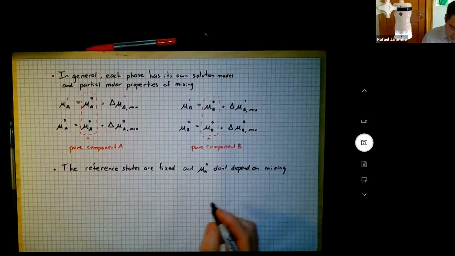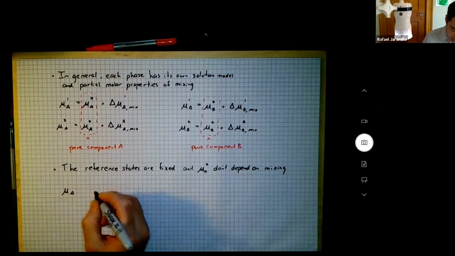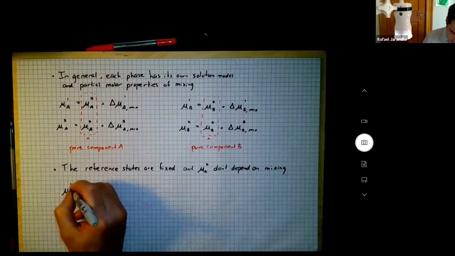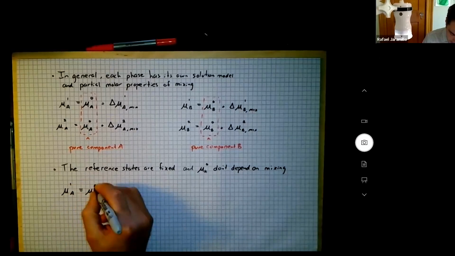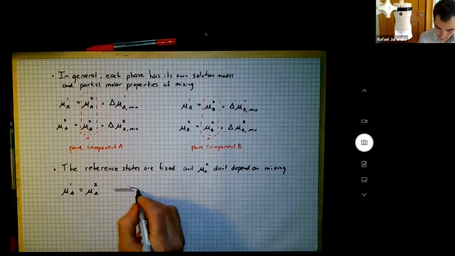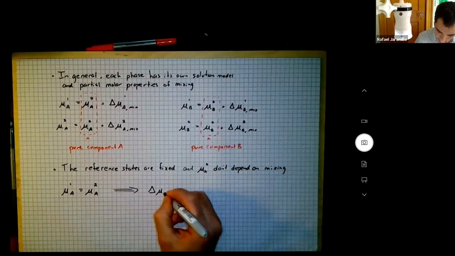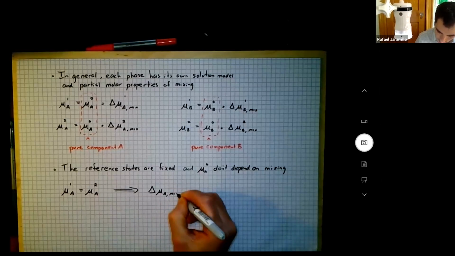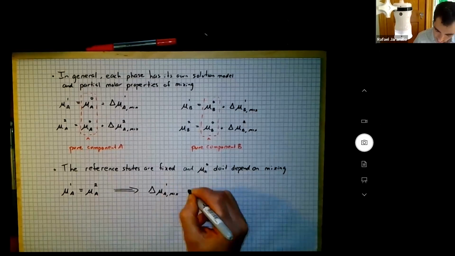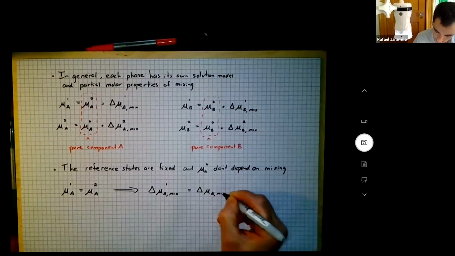Okay, so if we have mu A1 equals mu A2 as our equilibrium condition, this becomes delta mu A of mixing 1 equals delta mu A of mixing 2.